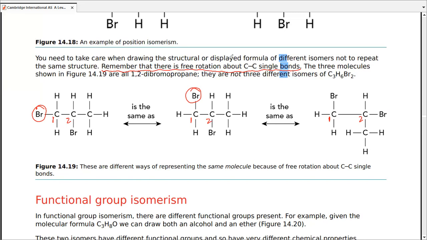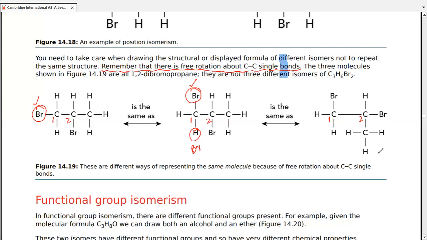Now, free rotation means that if some students write bromine over here, another one writes over here, another one may write it over here, right? Since you can rotate the bonds freely in a carbon-carbon single bonding system, they all would be considered as one bromo, which means you have the leverage to write them at any position you want around the same carbon atom.